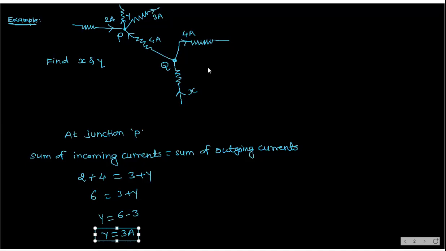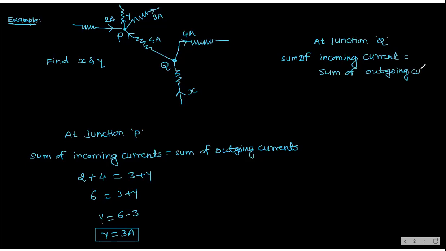Next, at this junction Q, again sum of incoming current is equal to sum of outgoing current.